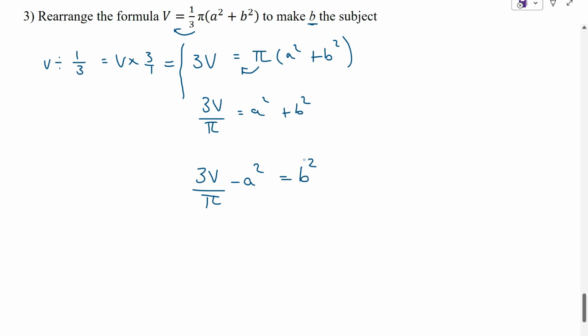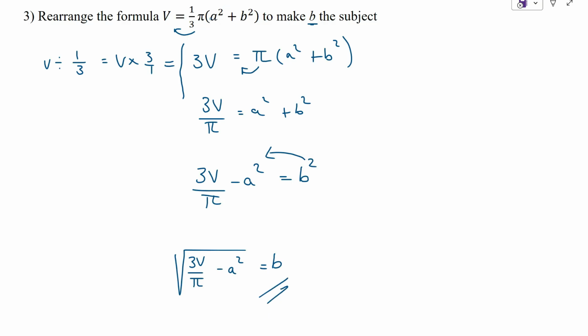Now this gives us b squared. We want b on its own. So if we're squaring on this side, we will be square rooting on the other side. Therefore 3v over pi minus a squared, all square rooted, gives us b.